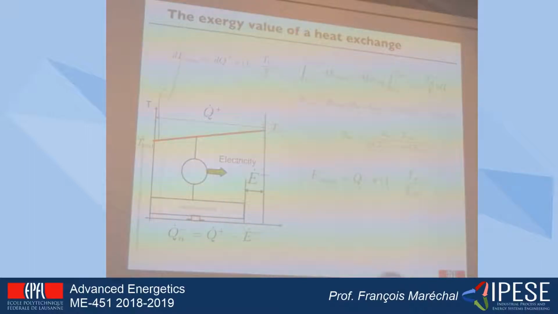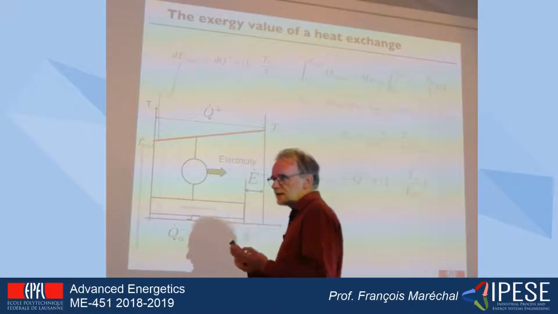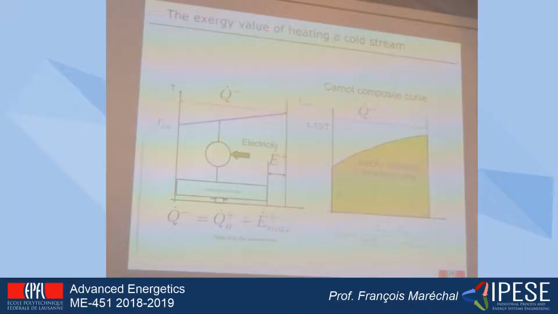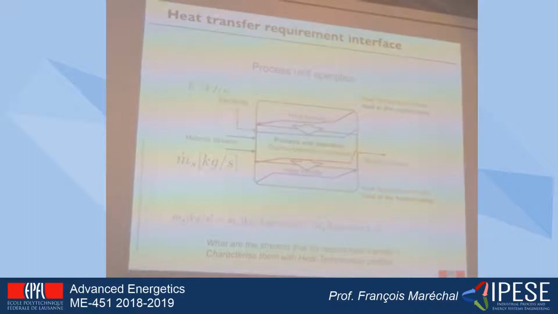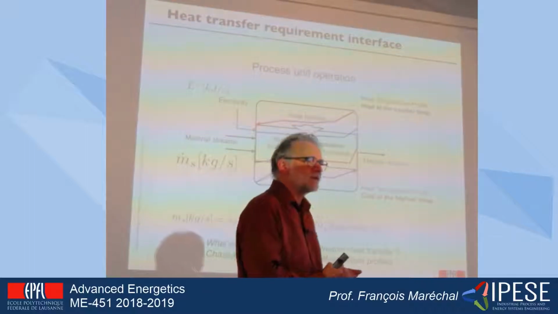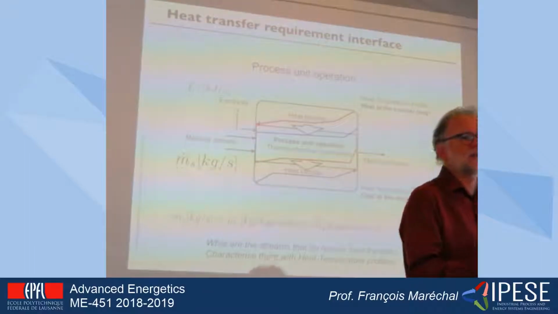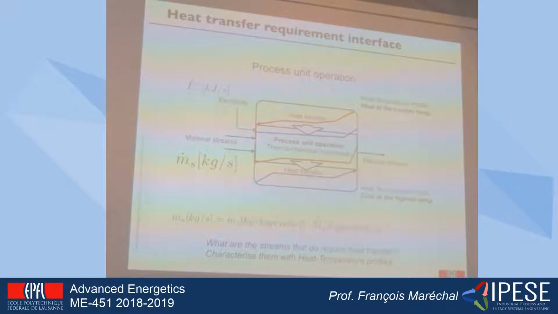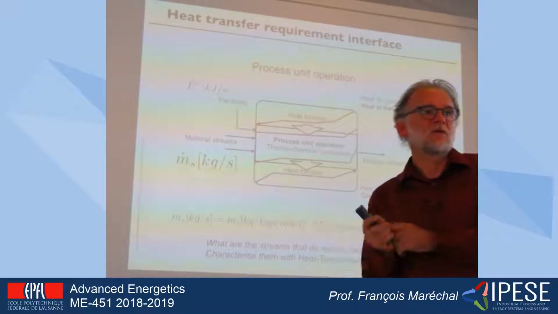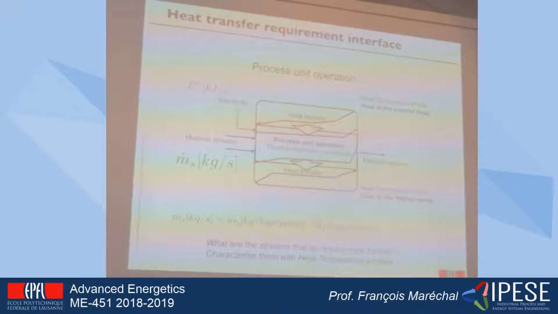So what I'm going to do is to try to keep this in mind. I will look at every unit and I will try to understand where they need heat and where they need cooling. And as soon as I know something that needs to be cooled down, I will try to cool it at the highest temperature possible.